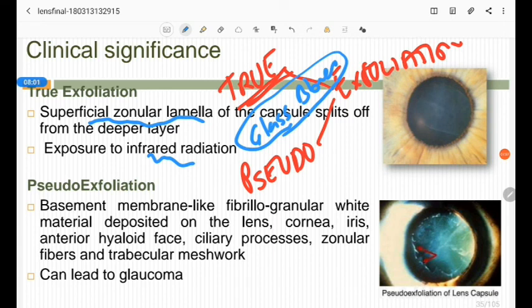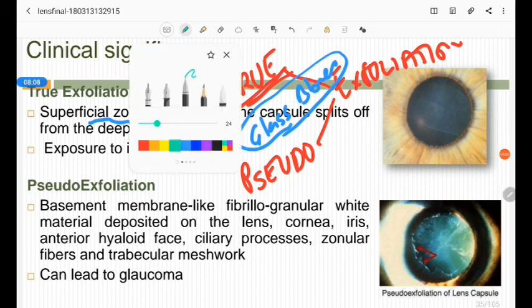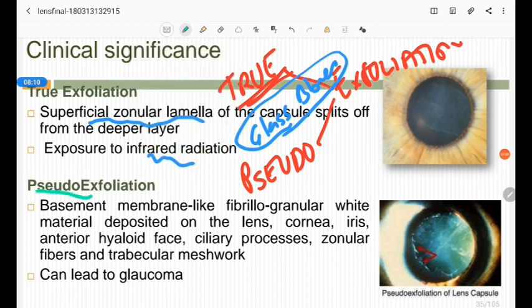But there is another entity similar to this, which is called as the pseudo exfoliation. So as the name suggests, this is not a true heat induced peeling of the capsule. It's in fact an appearance wherein it looks as if the capsule has been peeled off.